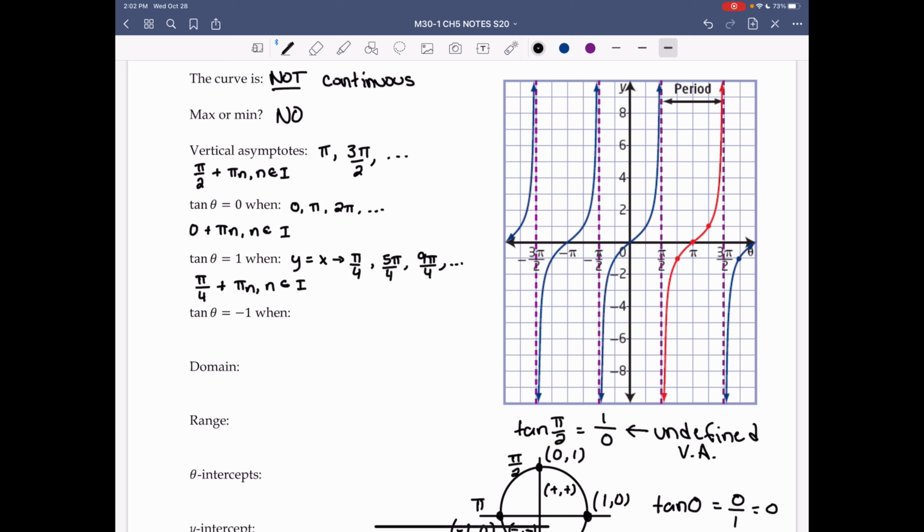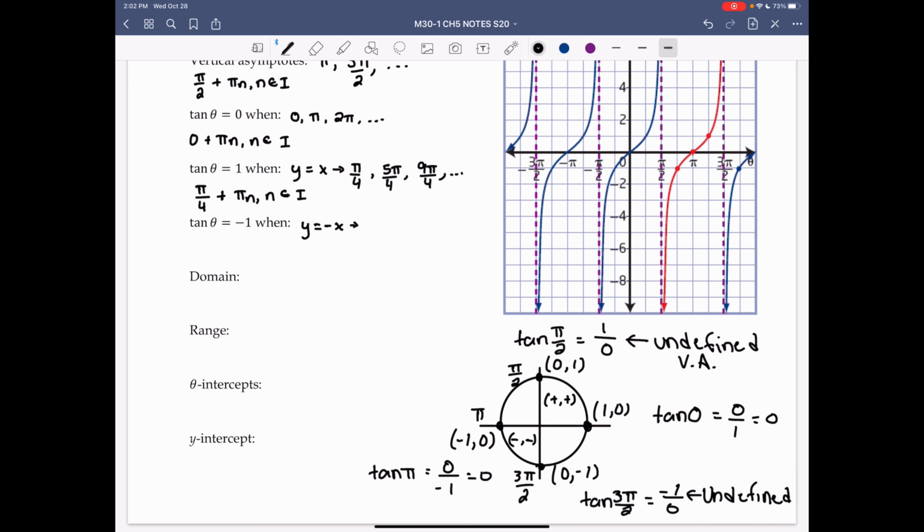Tan theta equals -1 when y equals negative x. So when we have the same number but opposite signs for y and x, that happens at a reference angle of pi over 4, but in the other quadrants. So we have quadrant 2 is negative and then positive, and quadrant 4 is positive and then negative.